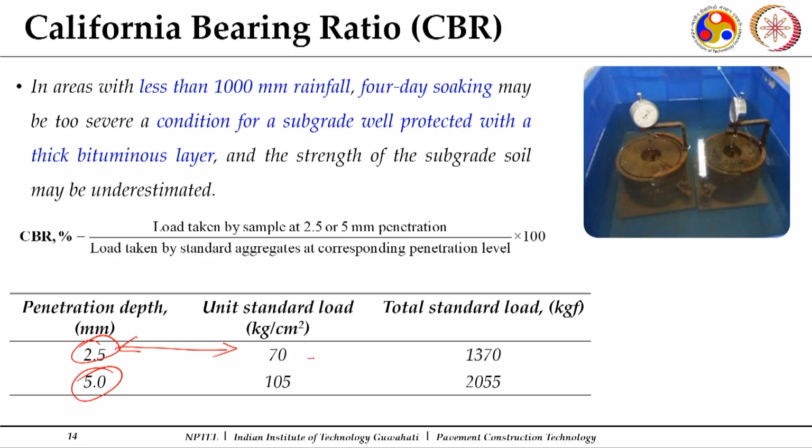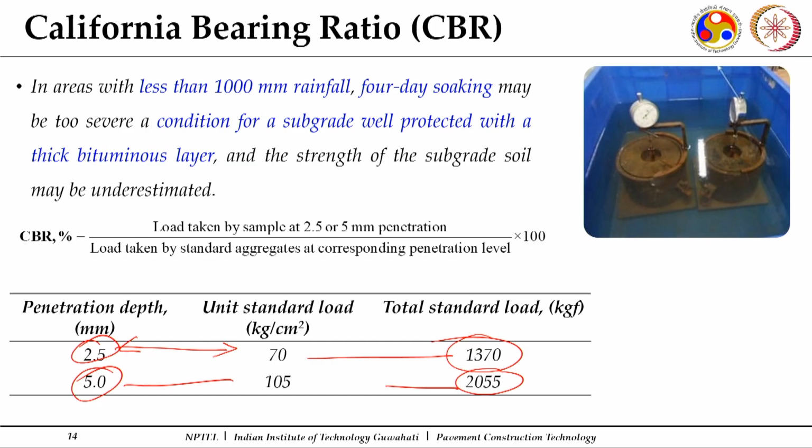So, you will prefer to choose this one, and then what you get from the load penetration curve is divided by the standard load. So, this standard load is 1370 for 2.5 mm, and for a 5 mm penetration, this standard load is 2055.